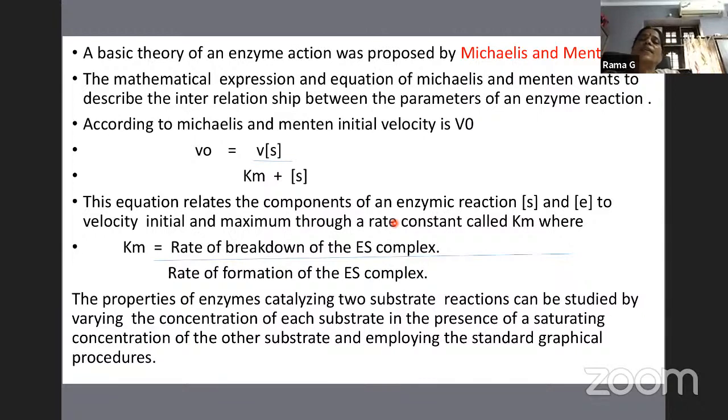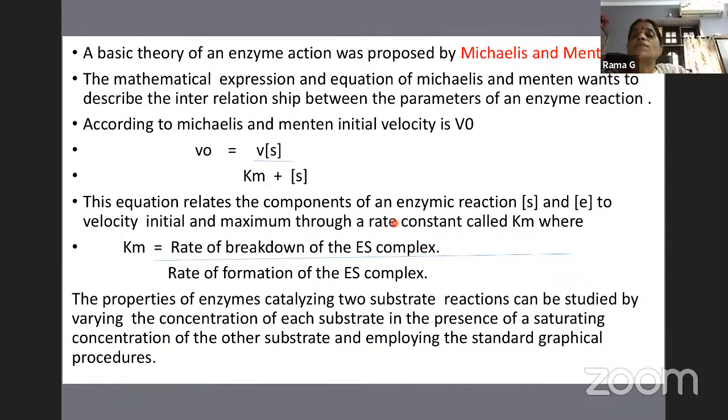So, according to Michaelis and Menten, Km means the rate of breakdown of ES complex. This complex breakdown depends on the formation of ES complex. If the ES complex molecules are more, then the rate of breakdown will also be more.